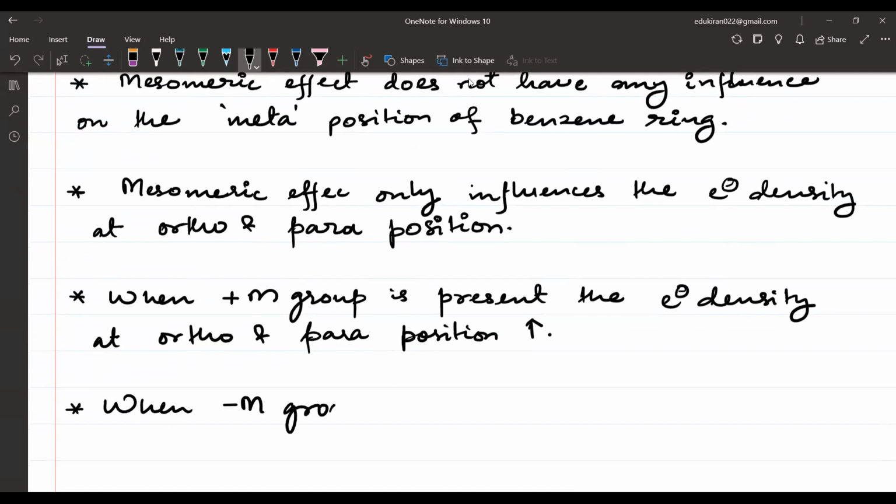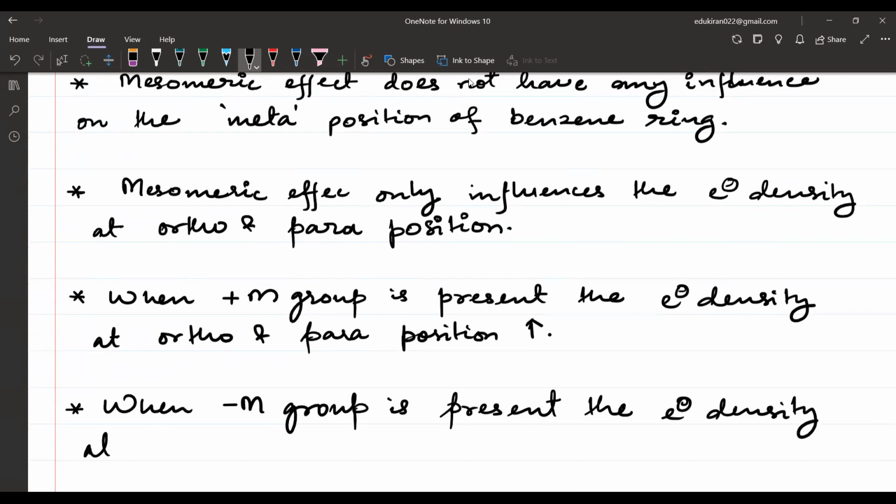When minus M group is present, the electron density at ortho and para position decreases.